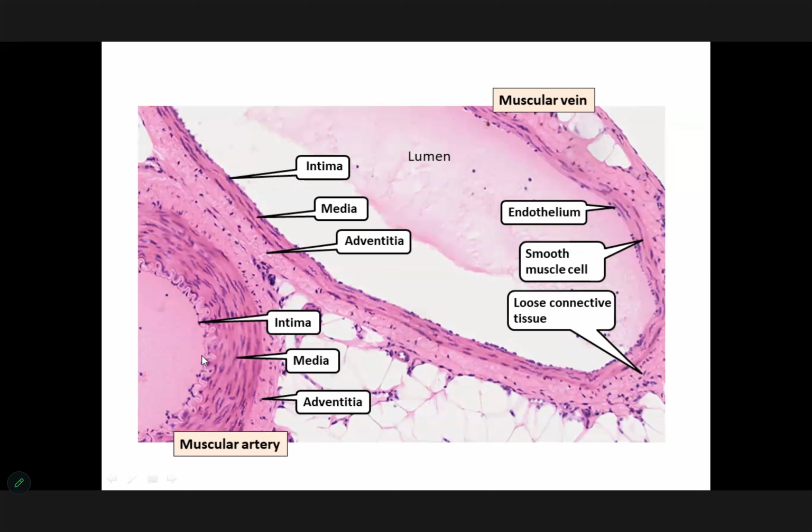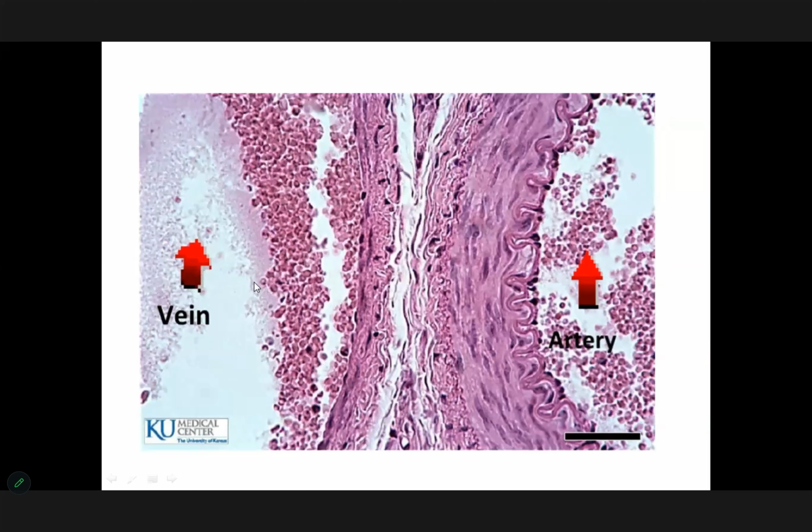So, in this histological preparation, intima, media, adventitia, let's look once again at the internal elastic lamina, which looks here like a wavy pink line. Why is it so wavy?